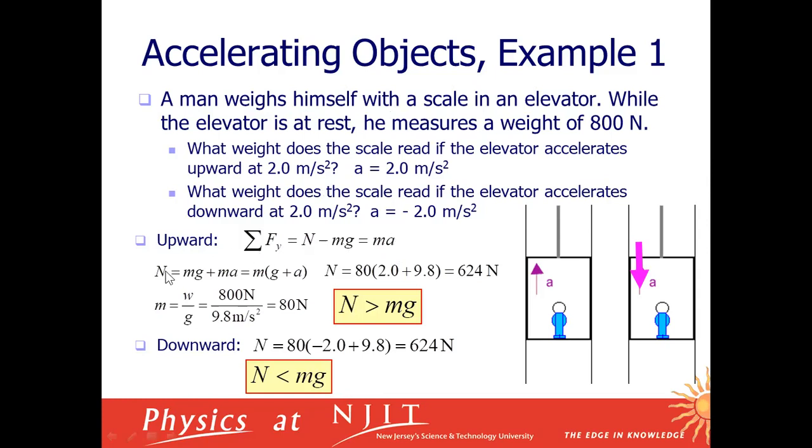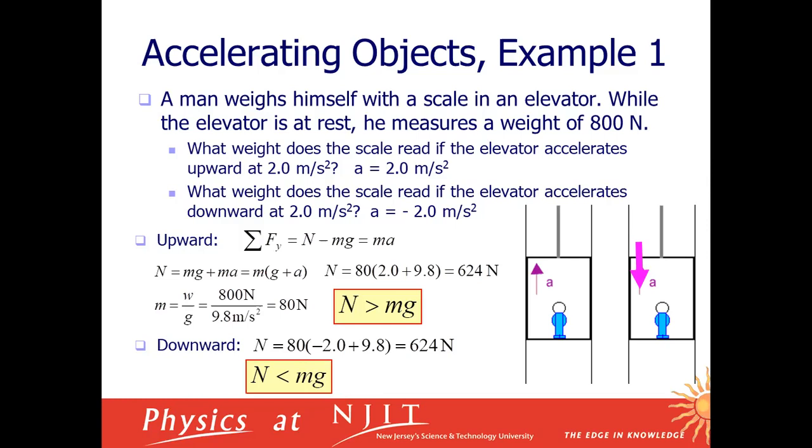Now simplifying the whole terms, your normal force is equal to mg plus ma, or m multiplied with the gravity plus the acceleration of the elevator. So plugging in the values gives us N is equal to 80 multiplied with 2 meters per second squared plus the gravitational acceleration 9.8, which gives an answer of 624 newtons.